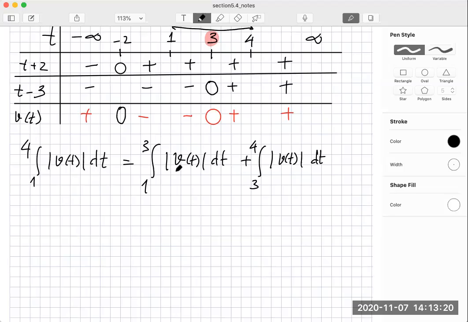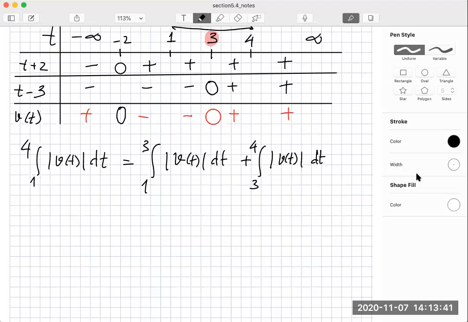So is it clear up to this point, and do you get why we break it into two parts here? Very good, thank you.